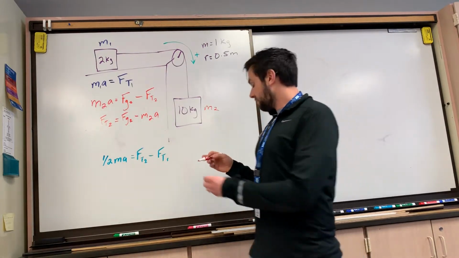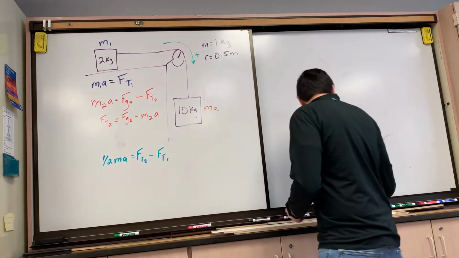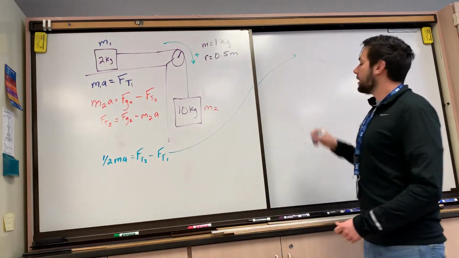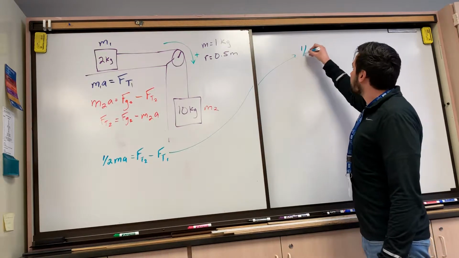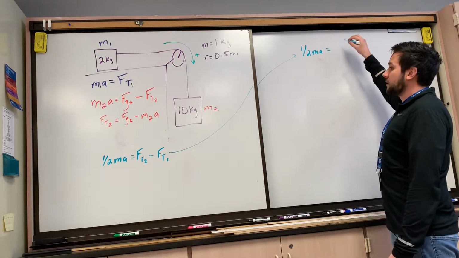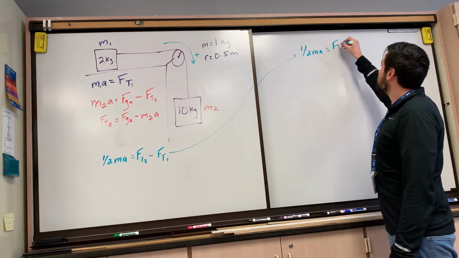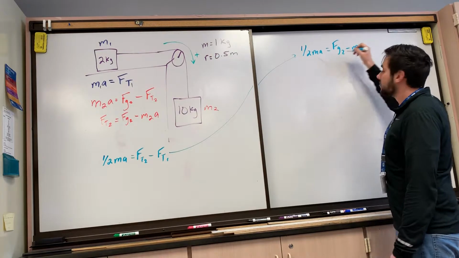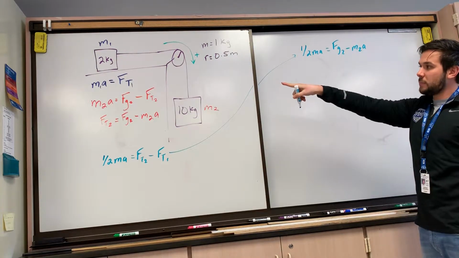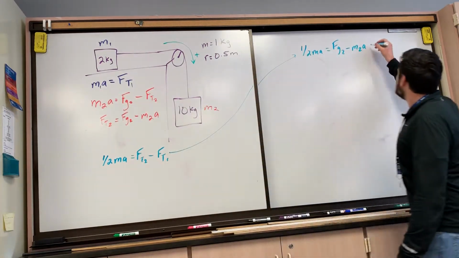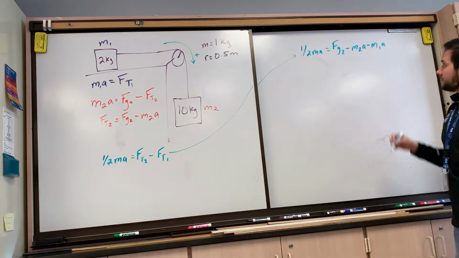So let's do that. I'm going to bring it over here on this side. So I've got 1/2 ma equals fg2 minus m2a minus, because ft1 is equal to m1a, minus m1a.